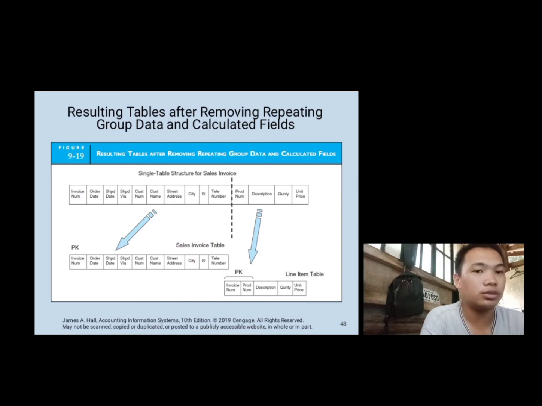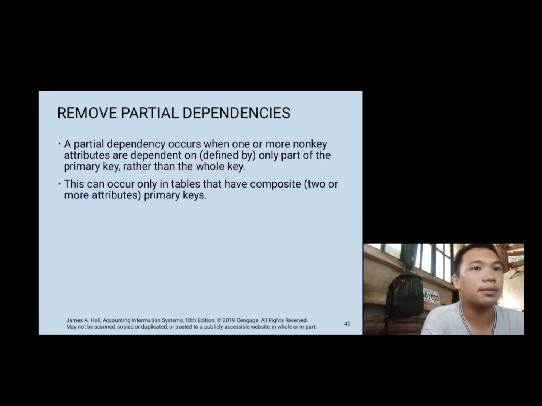It will look more organized and pleasant to see. Remove partial dependencies. A partial dependency occurs when one or more non-key attributes are dependent on only part of the primary key rather than the whole key.